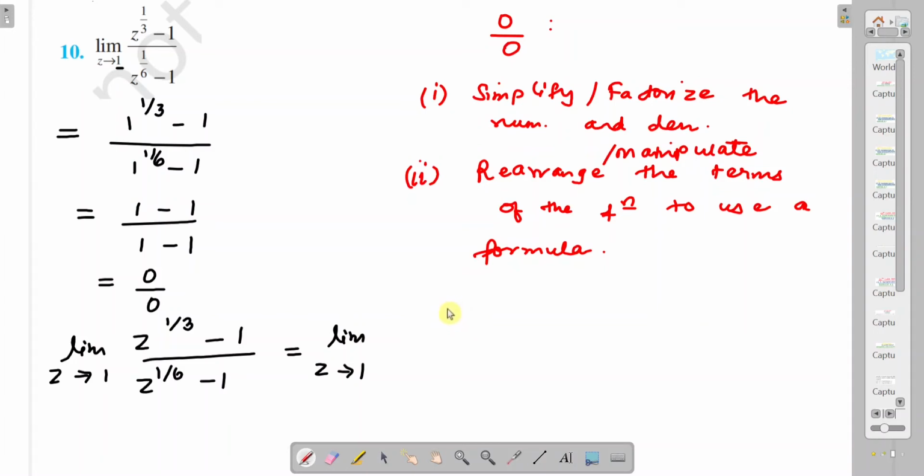So z raised to 1 by 3 minus 1 divided by z minus 1, and then the whole divided by z raised to 1 by 6 minus 1 divided by z minus 1. What I have done, I have manipulated. I have multiplied and divided by z minus 1.